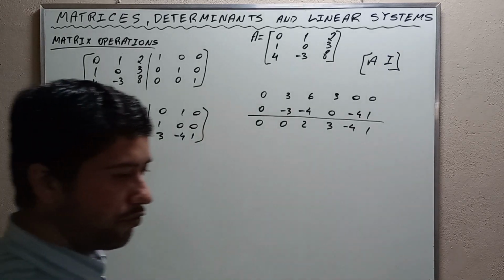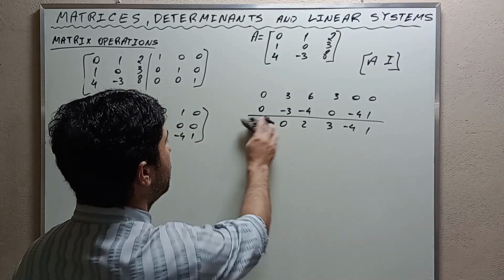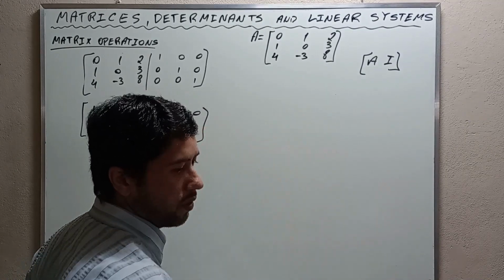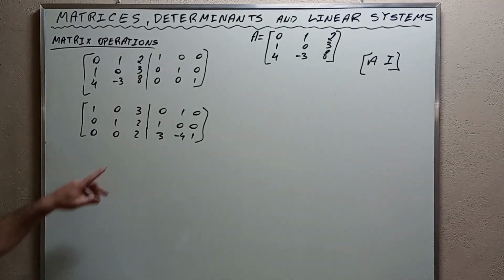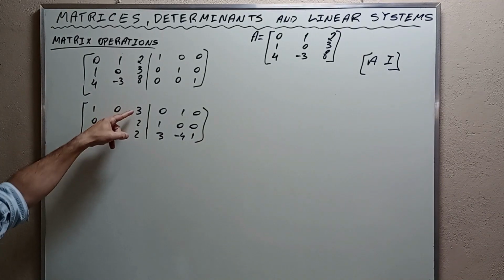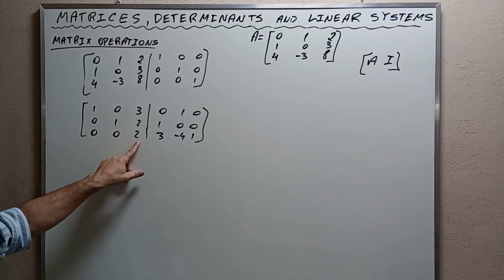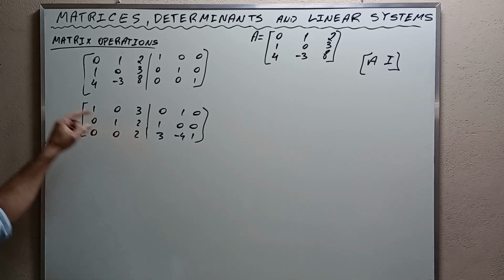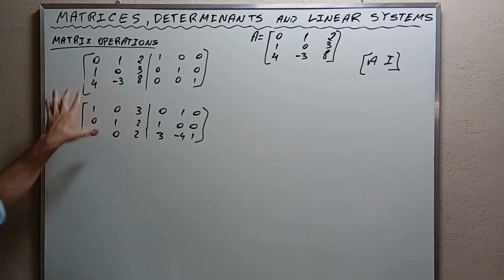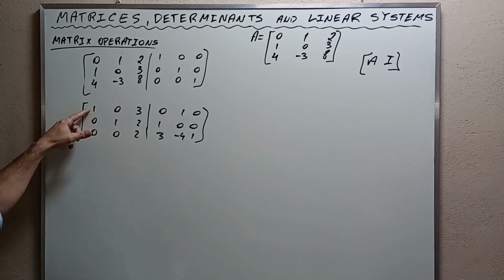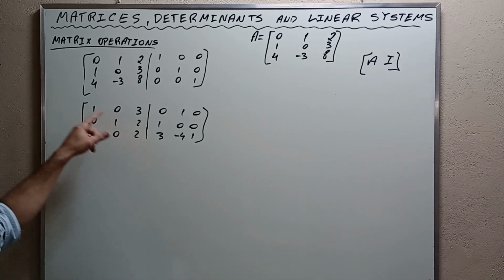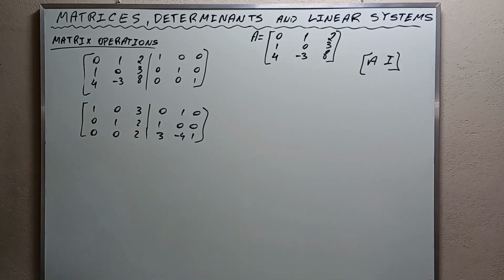We are going to proceed in the same way, eliminating these 3 and these 2, and in the end we divide this by 1 because we want zeros on every entry, but the entries of the main diagonal have to be 1.